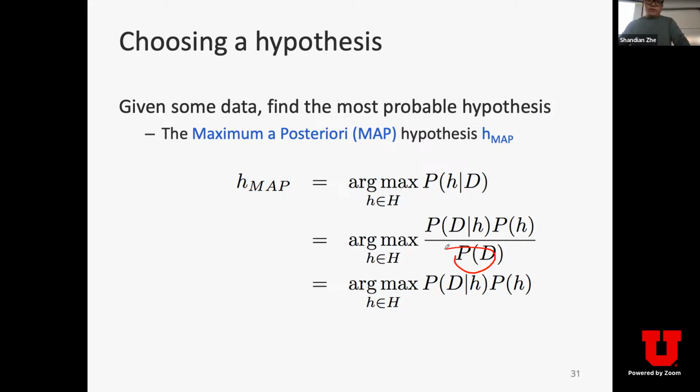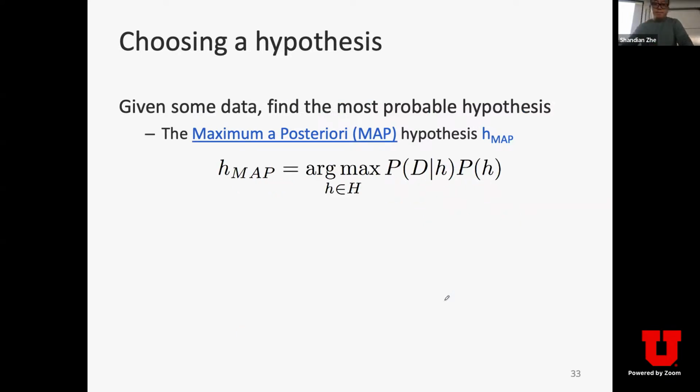Then MAP estimation amounts to maximizing the prior multiplied with the likelihood. This is called the maximum a posteriori hypothesis, and we denote the estimation by H MAP.